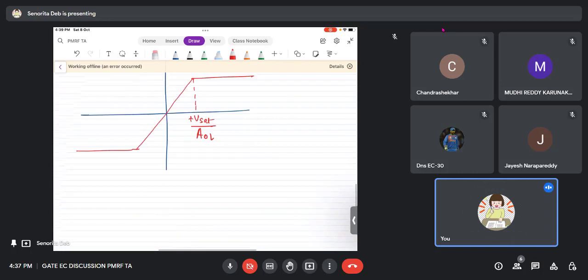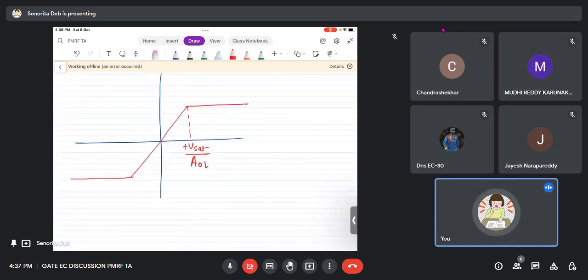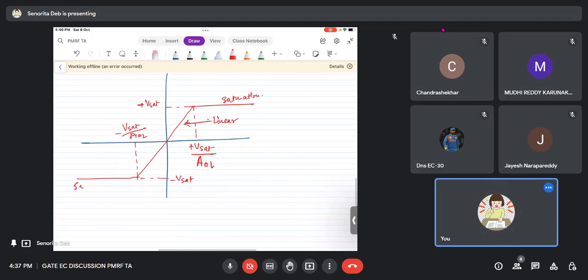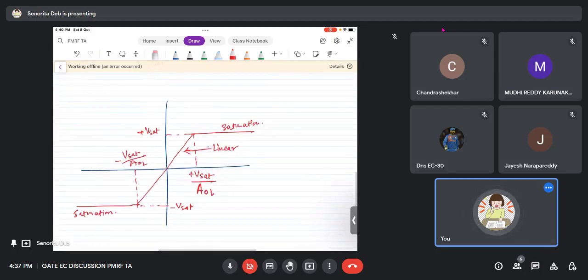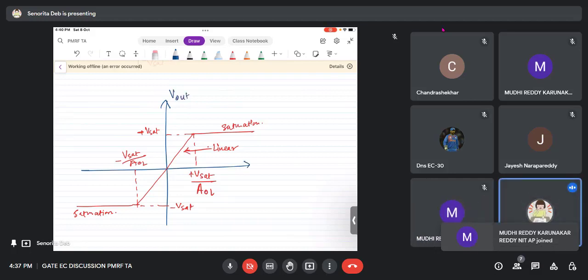Here the op amp gain is finite, so you are able to see the slope. It will reach plus Vsat and minus Vsat, but with a finite gain. This region is called the linear region, and this is called the saturation region. This is V out, this is Vd.